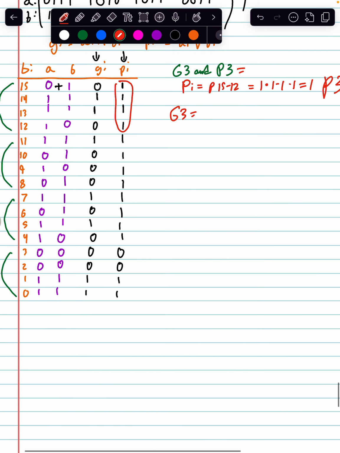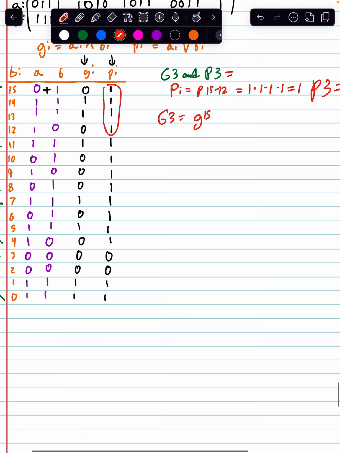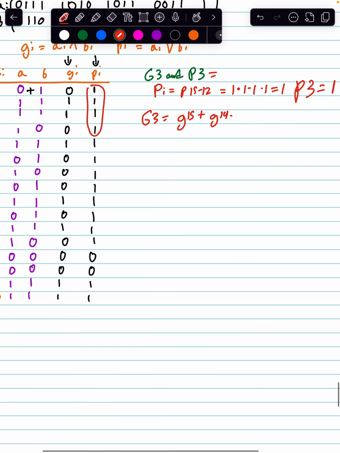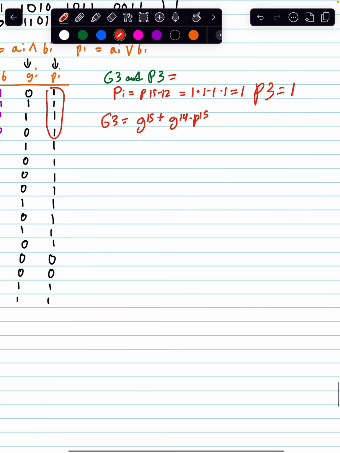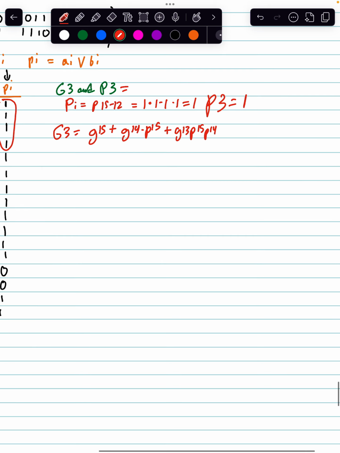So this is going to be G15 OR G14, and we're going to include all the P's that are higher than it. So we're going to include P15, we're going to OR it with G13, and we're going to include P15 and P14. Then we're going to OR it with G12 and P15, P14, and P13.